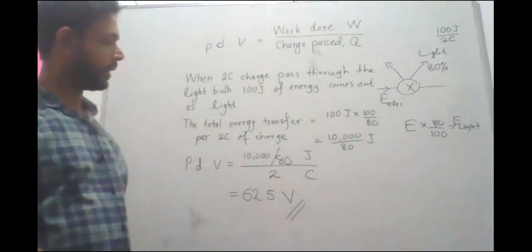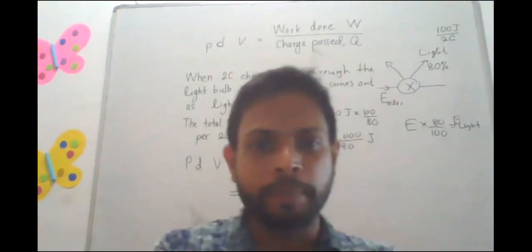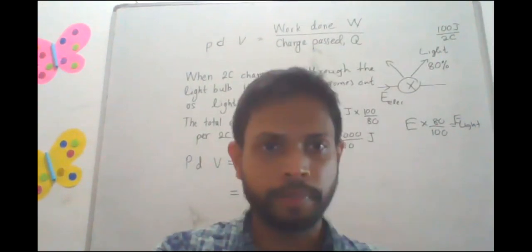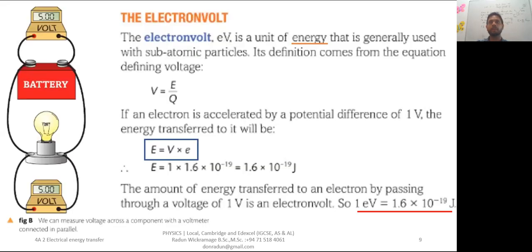So now, let's get back to the presentation. Okay, we were in this question, and let's go to the definition of electron volt. Okay, so electron volt looks like, is it a unit of charge?